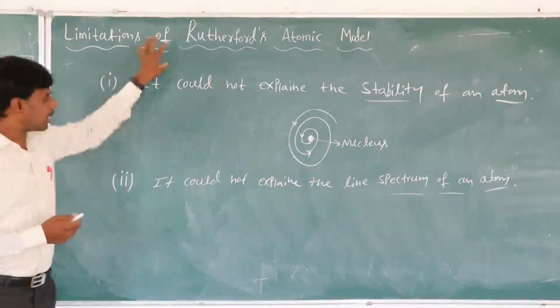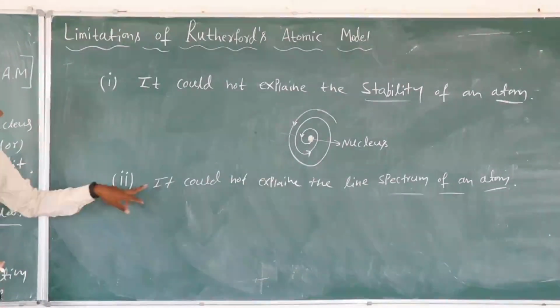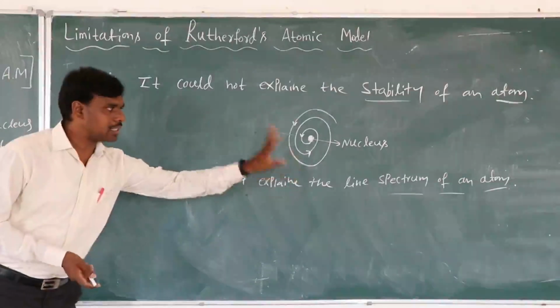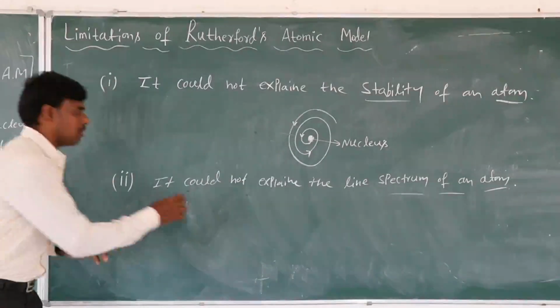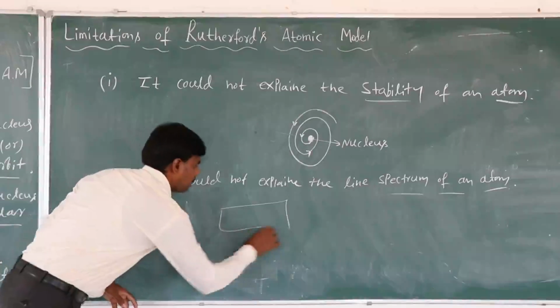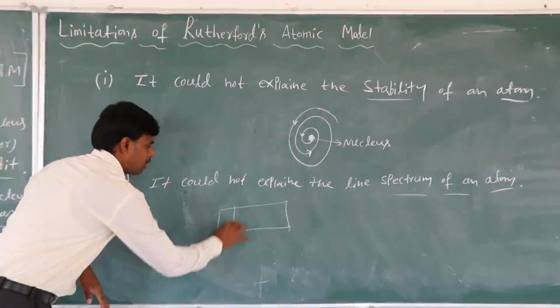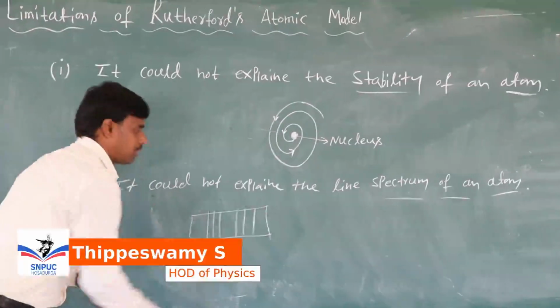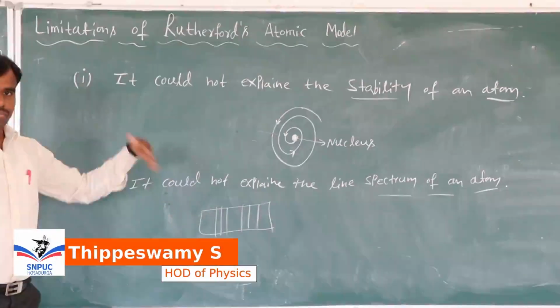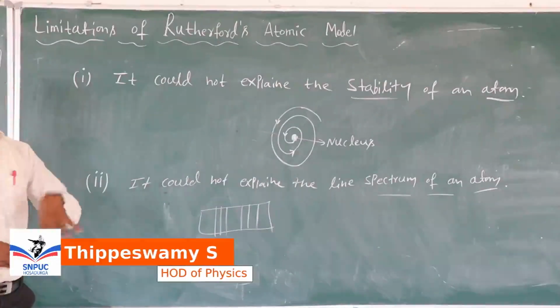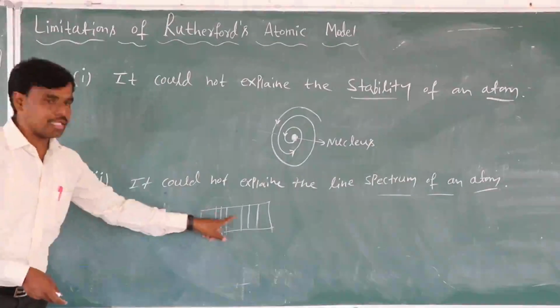Next, the second limitation is that it could not explain the light spectrum of an atom. We know, dear students, that an atomic spectrum is always a line spectrum. That is, whether it is an emission line spectrum or an absorption line spectrum, it should be a line spectrum.